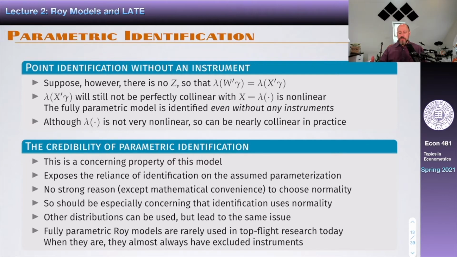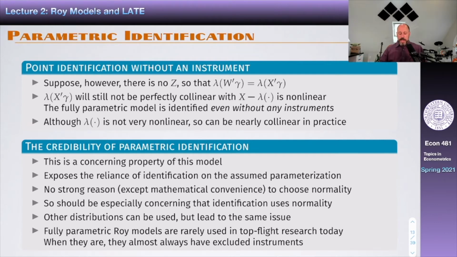And so if you manage to identify everything you want from this model without an instrument, it's because all the identification power is coming from the parametric assumptions. Because without it, we couldn't do anything, right? We have selection. We don't know what to do with it. Suddenly now, we don't have an instrument and we can do things, okay?